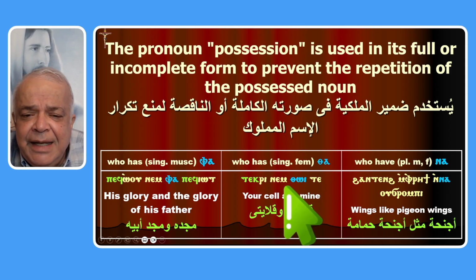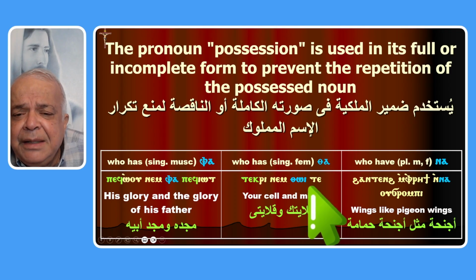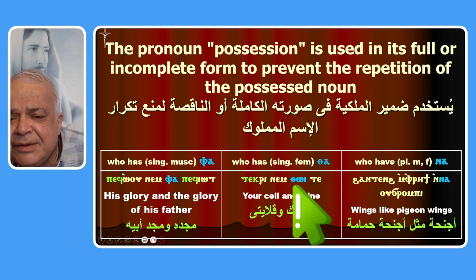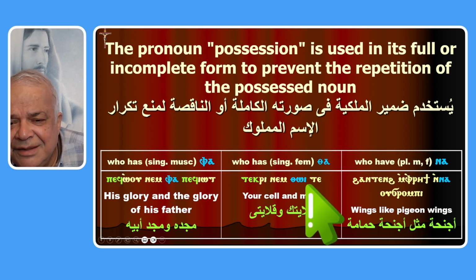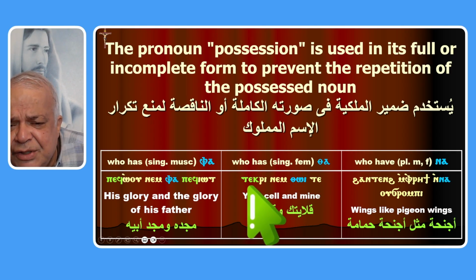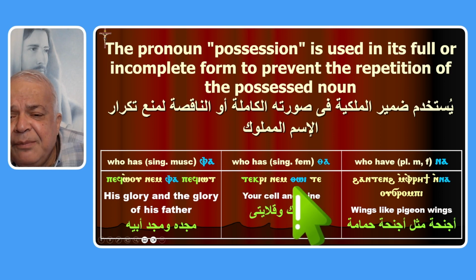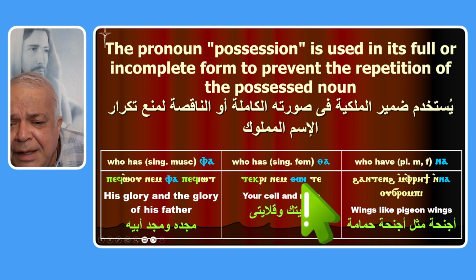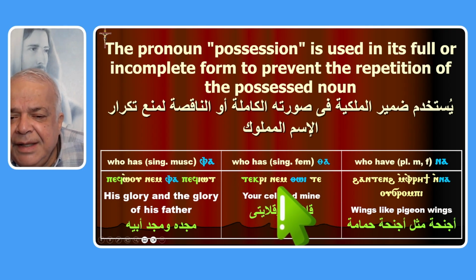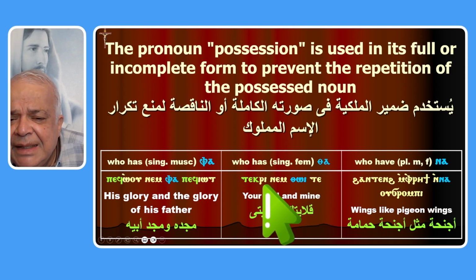Instead of saying name my cell, I can say here ta ri. You see? Instead of repeating the ri and the ownership, I would say take ri name soy te, which means your self and mine. Your self and mine. You see?